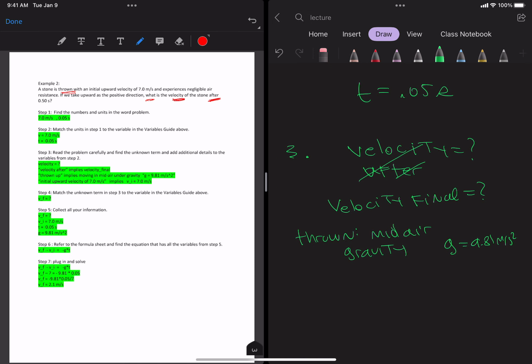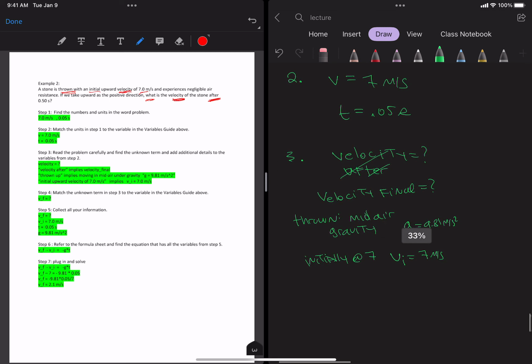And next, it says initially at 7, which means that the initial velocity is equal to 7 meters per second.